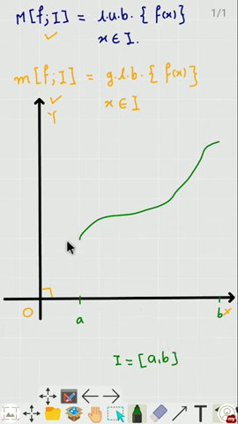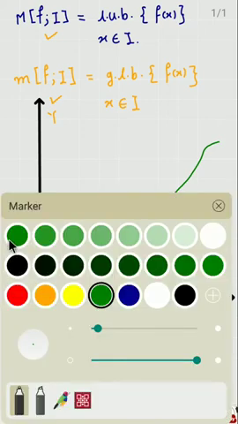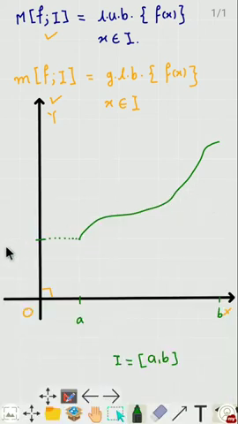So what is the greatest lower bound of the values of f of x? That greatest lower bound appears here at this point, and we call it m of f; I. Now what is the least upper bound of the values of function f of x?